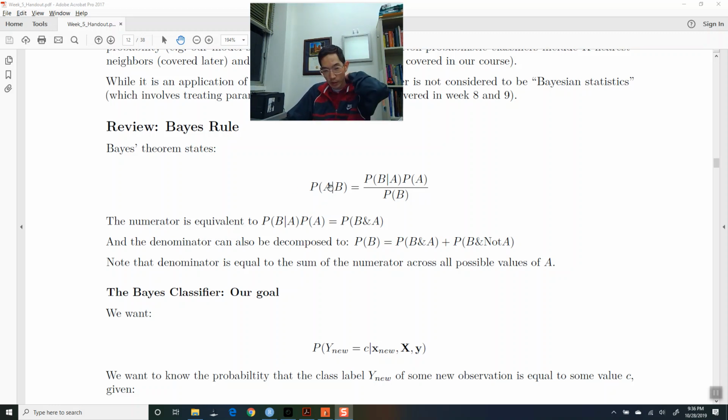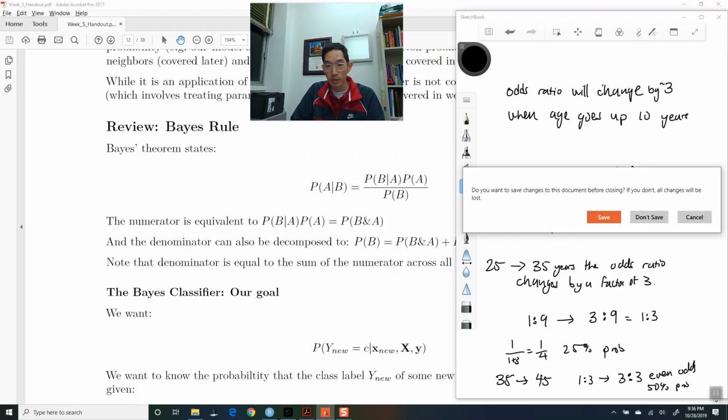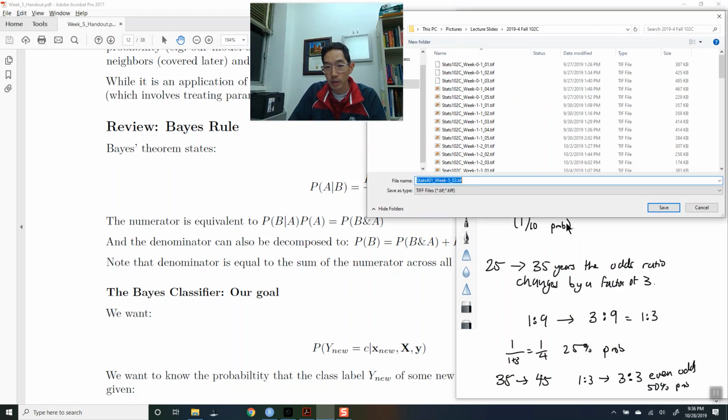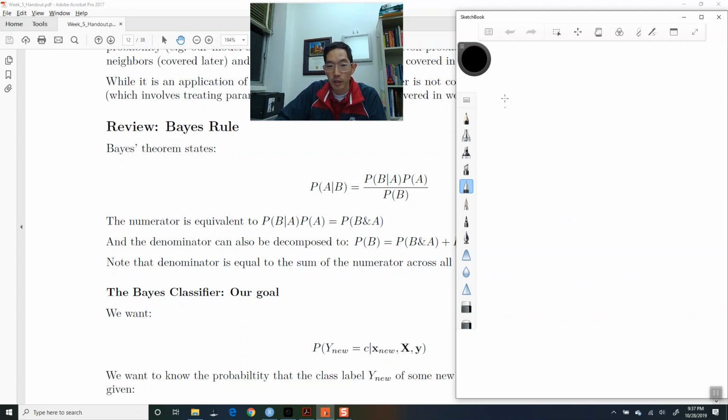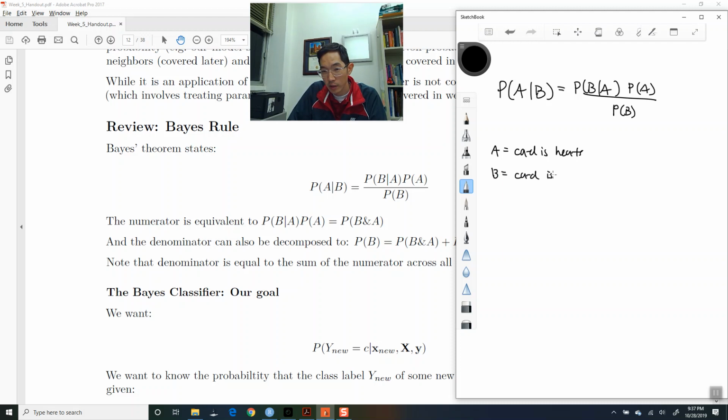So that's what we have here, the probability of A given B. I'll write this out here. This is a little bit silly. We'll say A is the card is hearts, and B is the card is red.